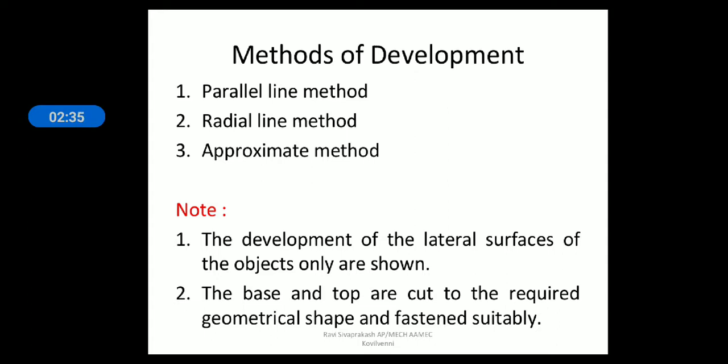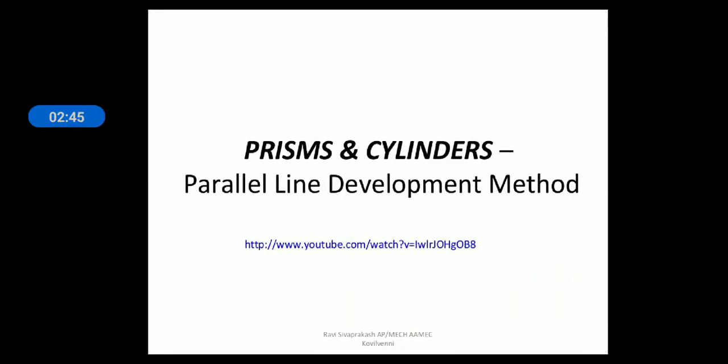As it has an arc, meaning a radius, it is called the radial line method. First we discuss the parallel line method, which includes prisms and cylinders.